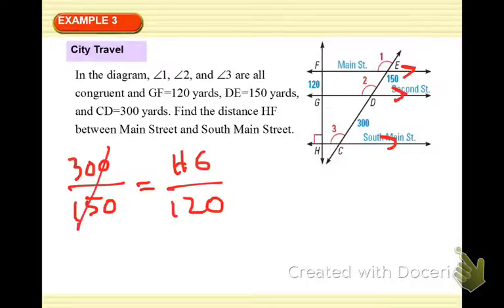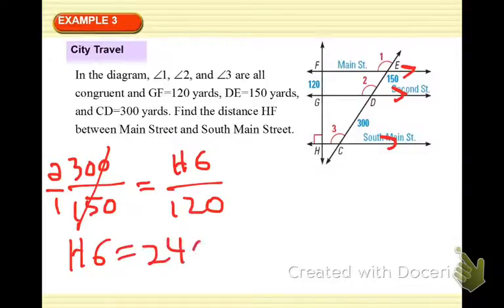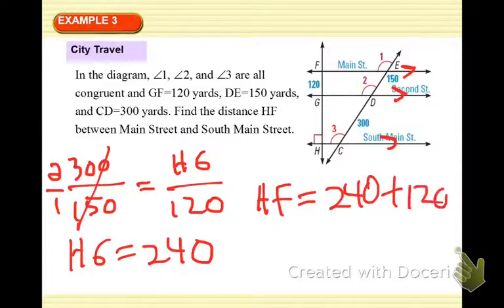I'd make this 2 over 1. A lot easier to work with there. So that's 2 over 1. So we have HG equals 240. So if HG equals 240, then HF equals 240 plus 120, which is equal to 360. So it's 360 yards.